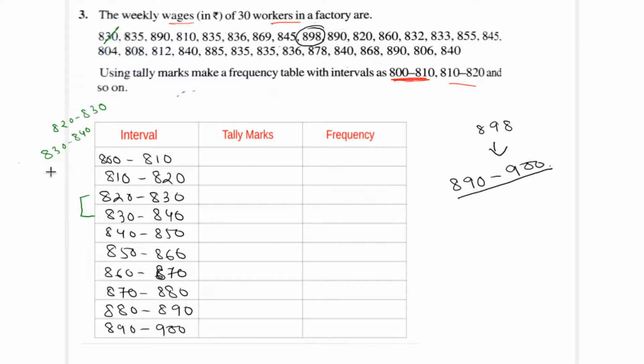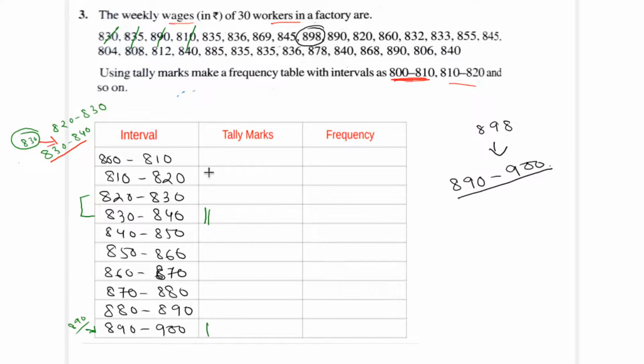As we discussed in our previous video, a number which belongs to both groups can't be taken in both, so we will always consider it in the higher group, that is 830 to 840. So 830 belongs to 830 to 840, the higher group. Now 835 here, 890 again belongs to the higher group, 890 to 900 here.